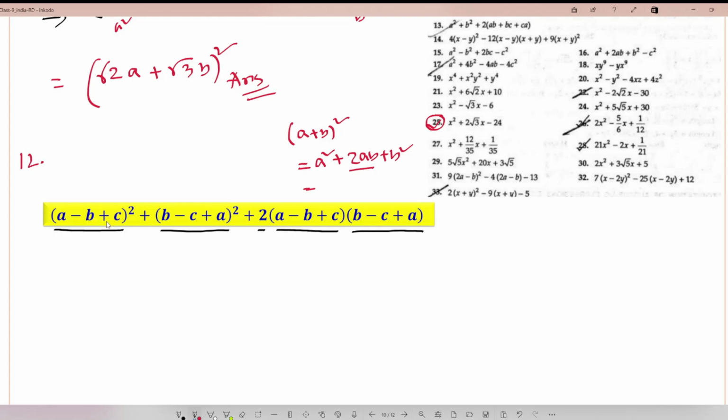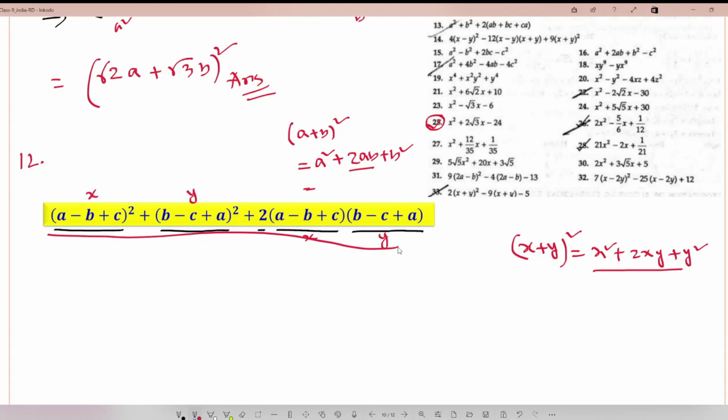A minus b plus c, if we think of it as x, and b minus c plus a, if we think of it as y, then it means x square plus y square, and it also has x and y, so plus 2xy. It means x plus y whole square, which is x square plus 2xy plus y square. So this one is already available, and we can write x plus y whole square.